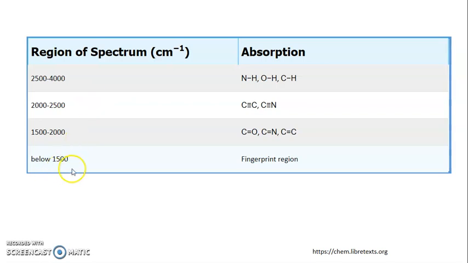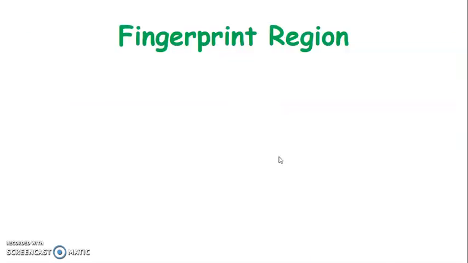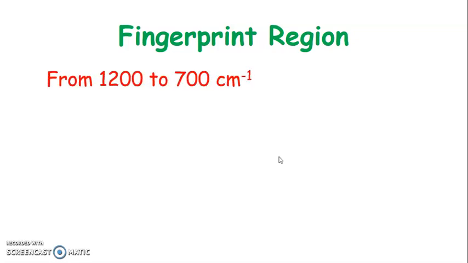Here you can see a fingerprint region below 1500 cm inverse. What is this fingerprint region? The region of infrared spectrum exactly from 1200 to 700 cm inverse is called the fingerprint region.